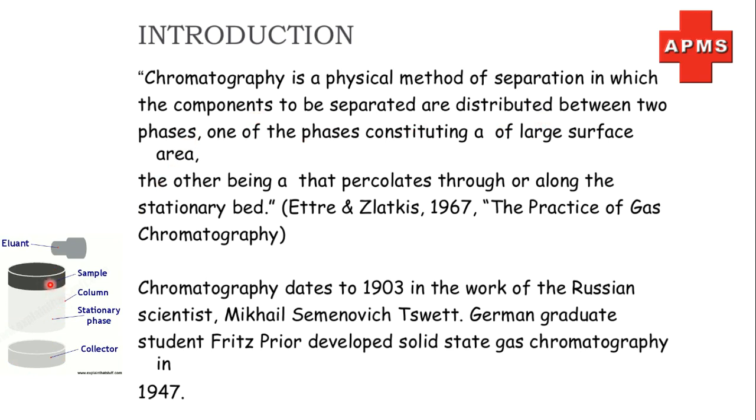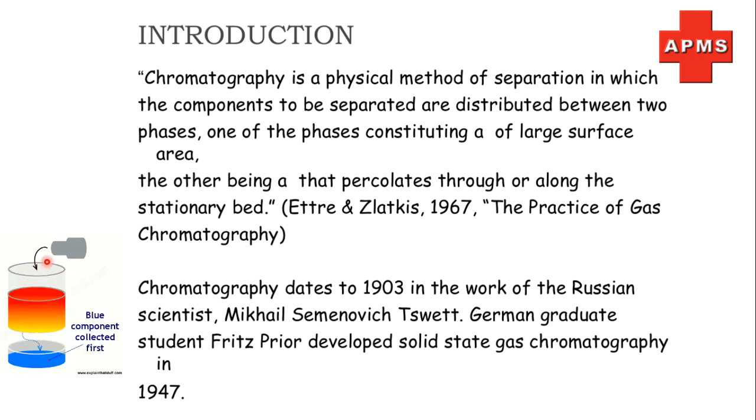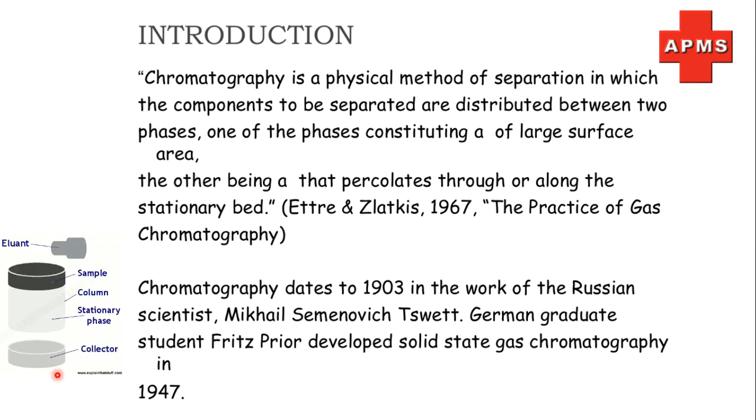See, here a cylindrical structure is shown, which is a column. A column is used in chromatography. It could be a column or another type, but here a column is shown, the column chromatography type.